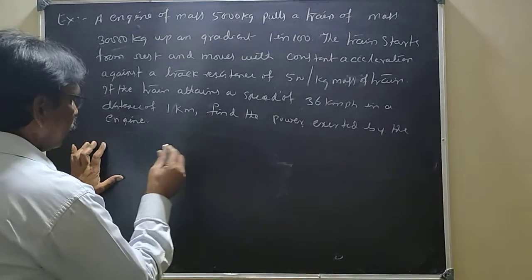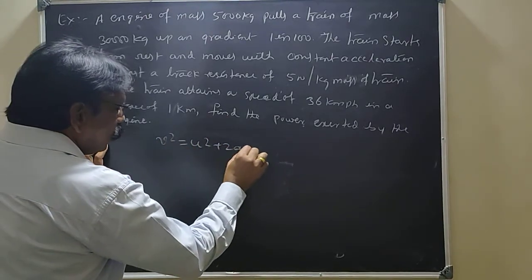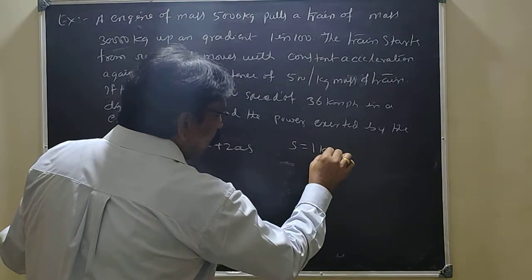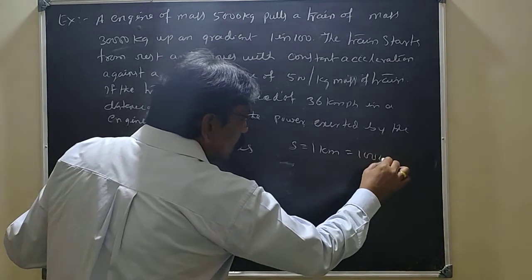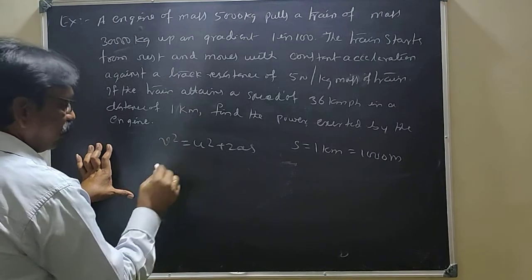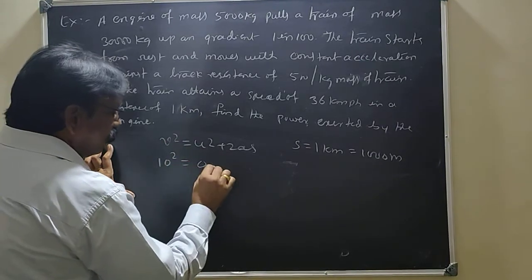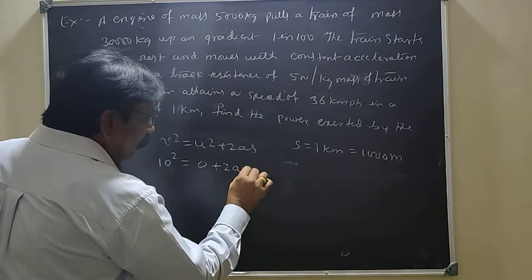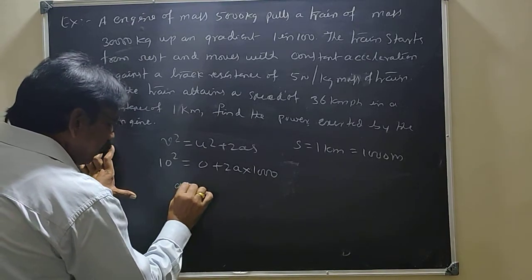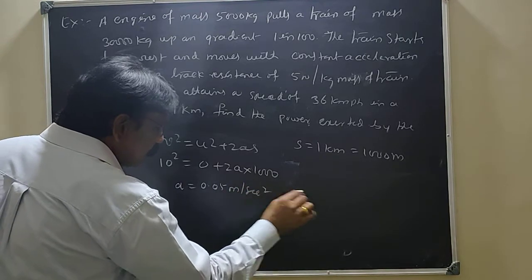First of all, the acceleration: we know that v square is equal to u square plus 2as, where s is given as 1 kilometer, so that is equal to 1000 meters. So v is the final velocity, already given, so 10 square is equal to u is 0 plus 2 into a, s is 1000. So if you calculate, a is equal to 0.05 meters per second square.